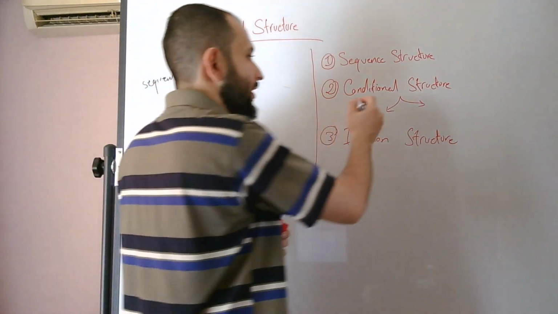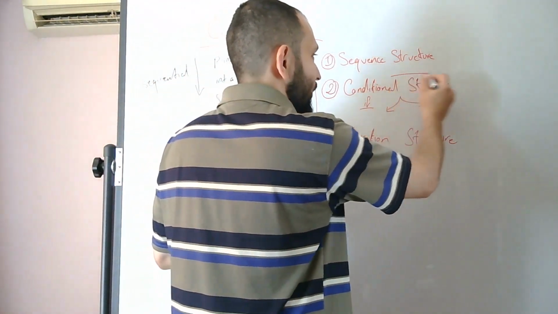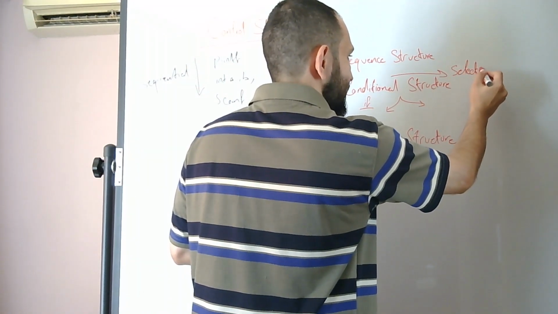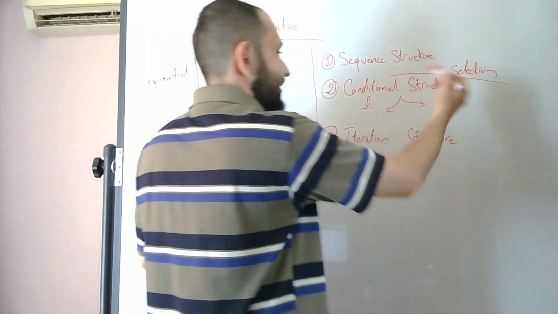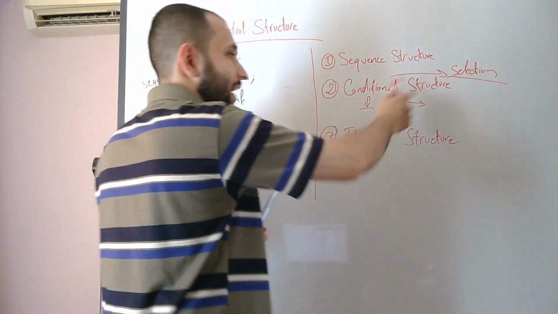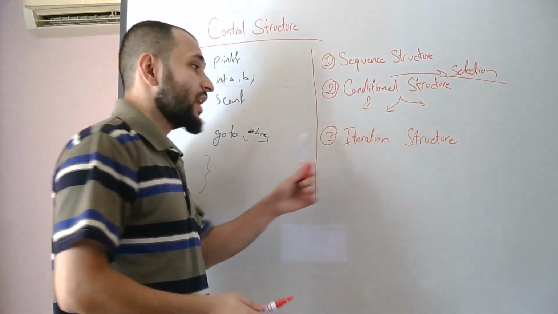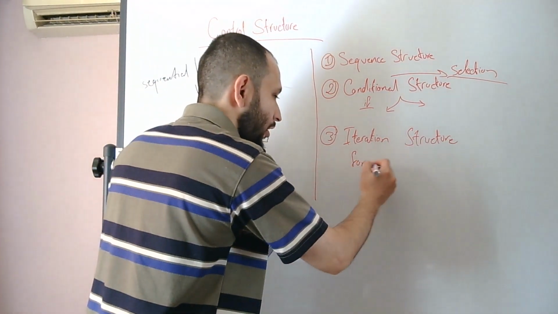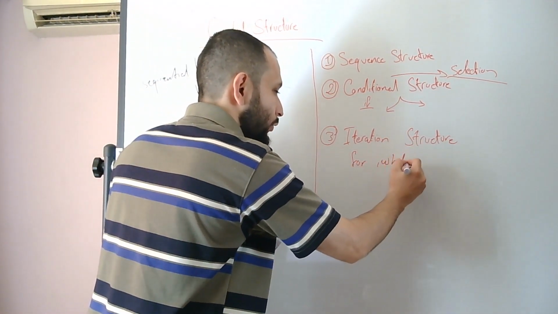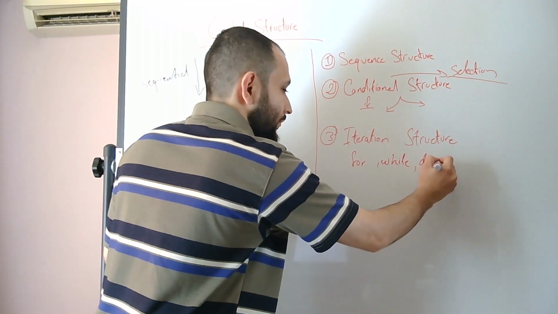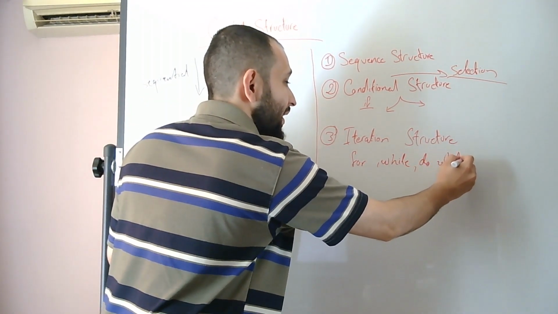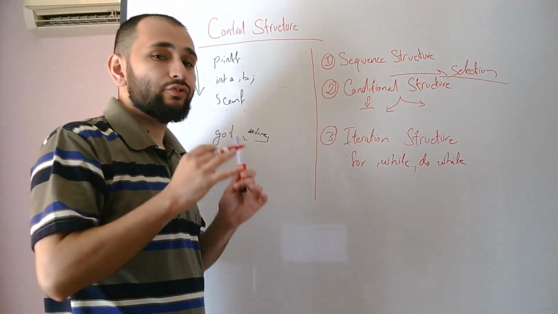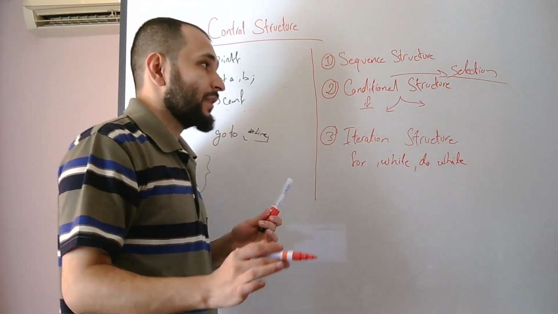The other name for the conditional structure is the selection structure. So if you see selection somewhere, it is the same as the conditional structure. Basically, using these three types of structures, we can write any type of program.